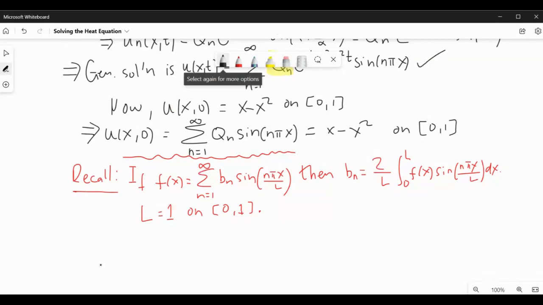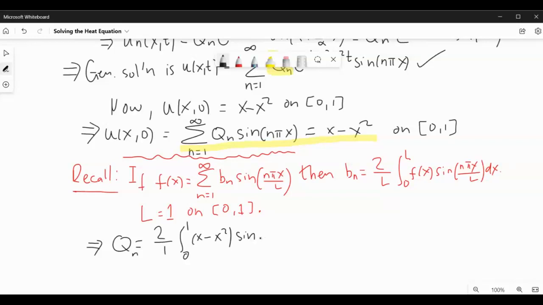So this implies then that if we are going to compare the information that we just wrote with this equation, then what we get is that q sub n will be equal to 2 over 1 times the integral from 0 to 1 of x minus x squared times sine of n pi x dx.